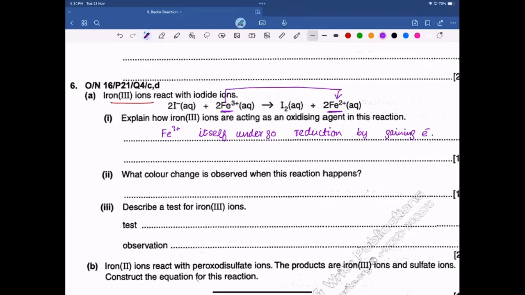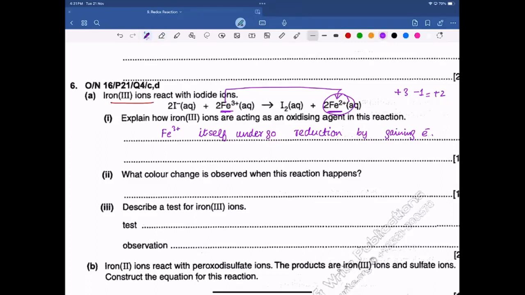So when the electron is added, electron has a -1 charge, and iron 3 positive has a +3 charge. So +3 and -1 makes it +2, right? Iron initially has +3 charge, and the electron which it's gaining has a -1 charge. So when the -1 is added to the iron 3 positive, its charge would decrease to +2. Is this clear? Positive, yeah, positive. Sorry.